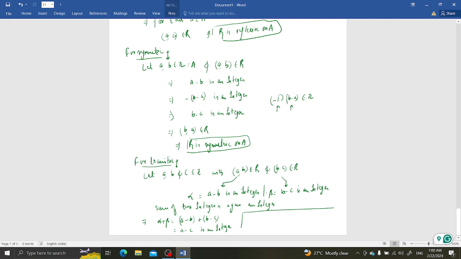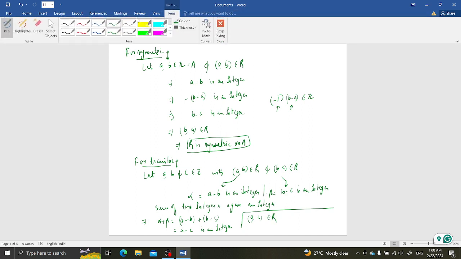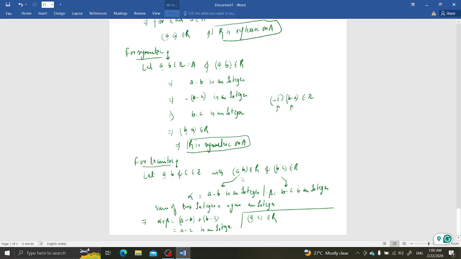Now, if A minus C is an integer, then it means A comma C belongs to R. Here you observe one thing, that A comma B belongs to R, we assume. B comma C belongs to R, we assume. And we prove A comma C belongs to R. It means whenever A comma B belongs to R and B comma C belongs to R, then A comma C has to be there.